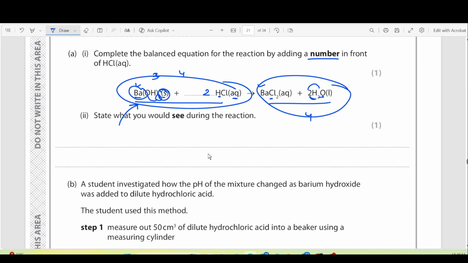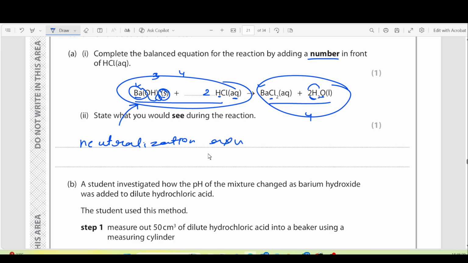So basically this is a type of neutralization reaction. Why? Because a base is reacting with an acid and making salt and water.